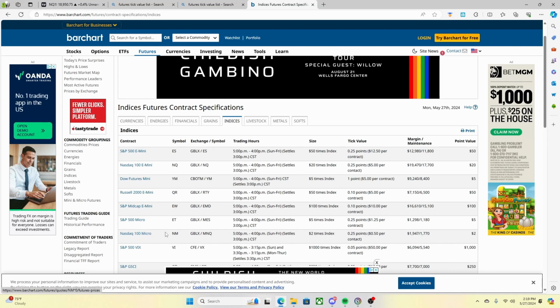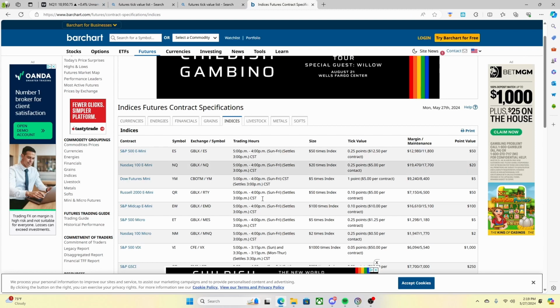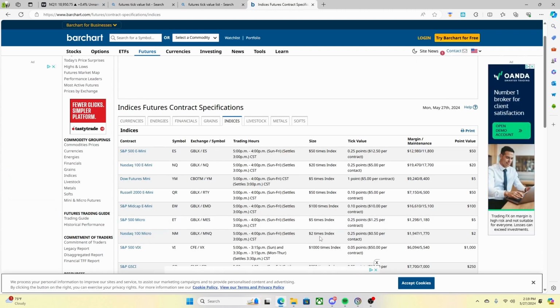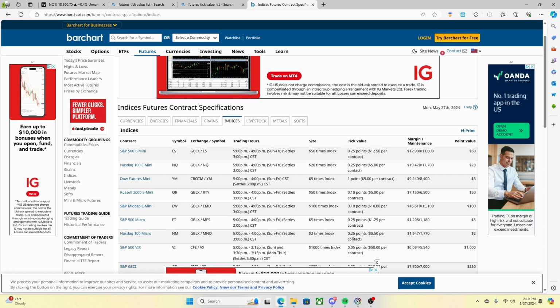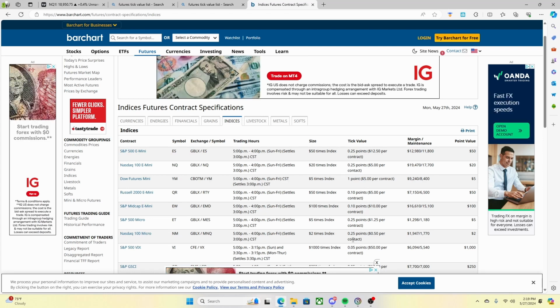If you use the micros, that same move that would be $20 with one contract would only be $2. So you won't make as much, but when you're first starting off, you won't lose as much either. It's good to start off on.